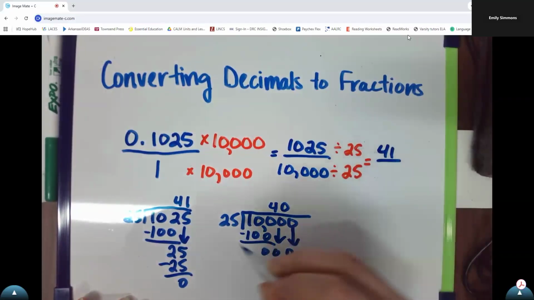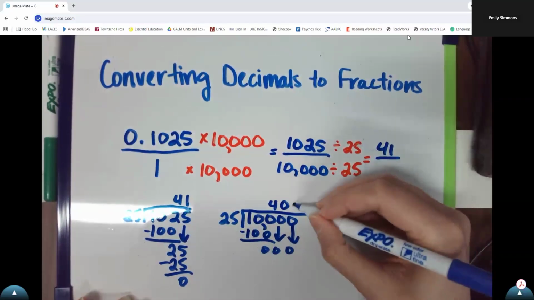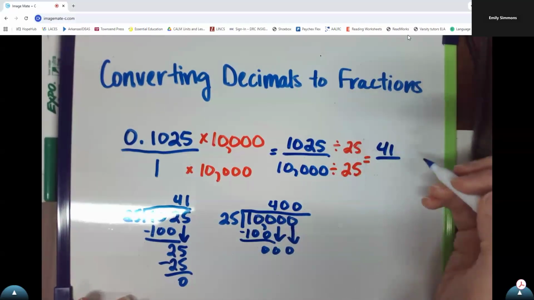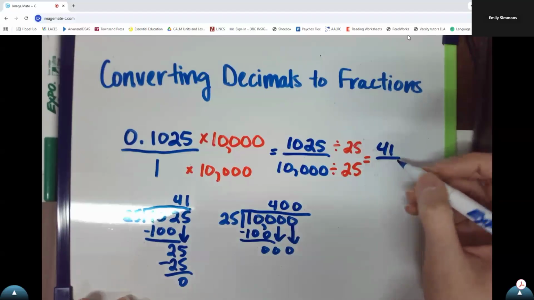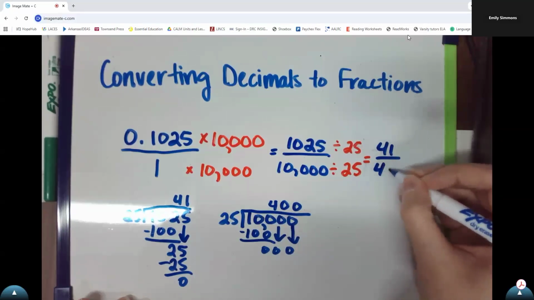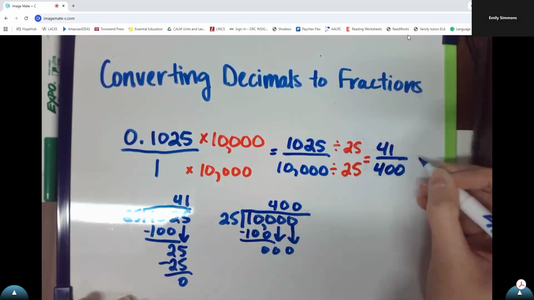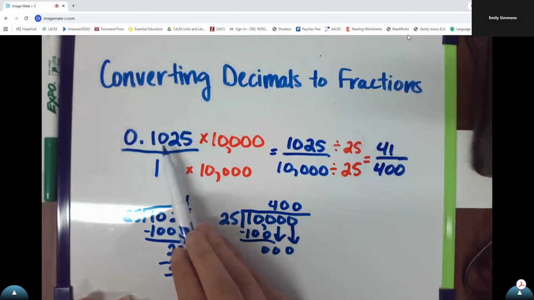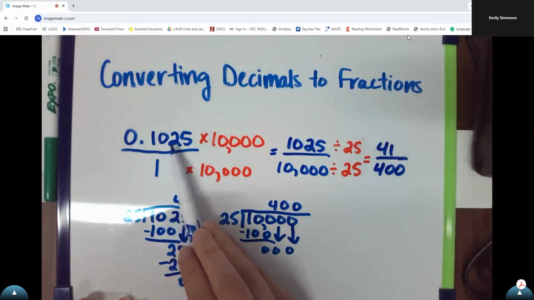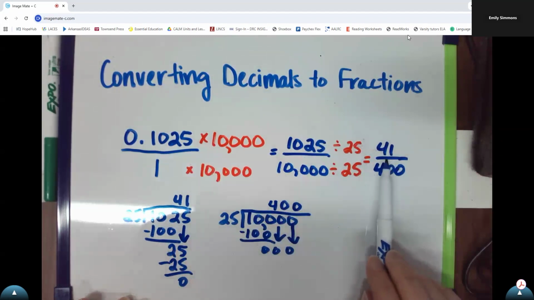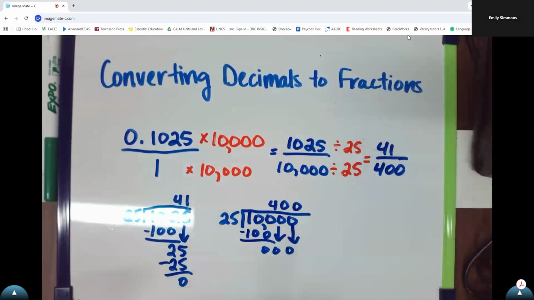Bring down my other 0. 25 can't go into 0, so I put a 0 there. So 25 goes into 10,000 400 times. Our 0.1025 simplifies down as a fraction to 41 over 400.